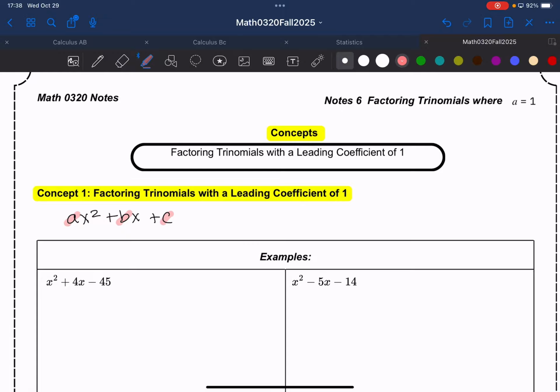So when we look at all these equations, they will always be set up where x squared is first, the x is in the middle, and then our constant number is at the end. Okay. So for all of these ones, you'll notice that there is not going to be a number in front of x squared because this is only when a is equal to 1. And we don't need to write that invisible 1 here. Okay.